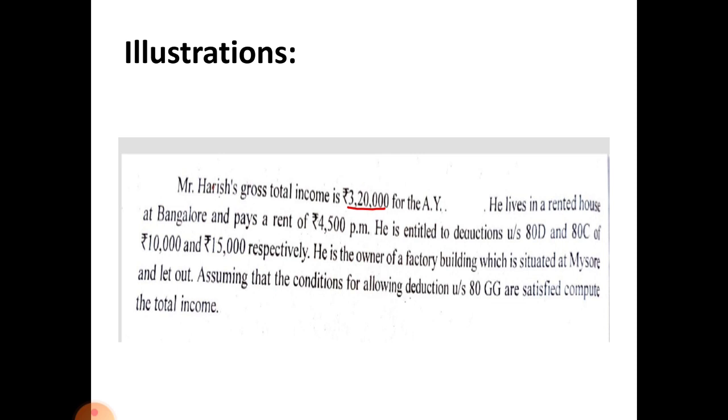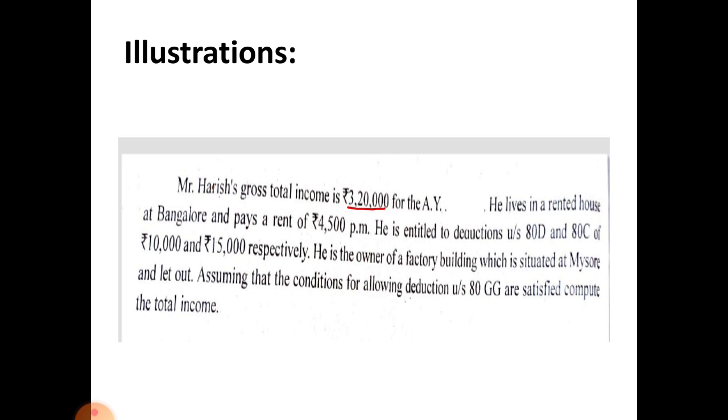Next, he is entitled to deduction under section 80D and 80C. The deduction under section 80C is 15,000 and under section 80D 10,000 rupees.